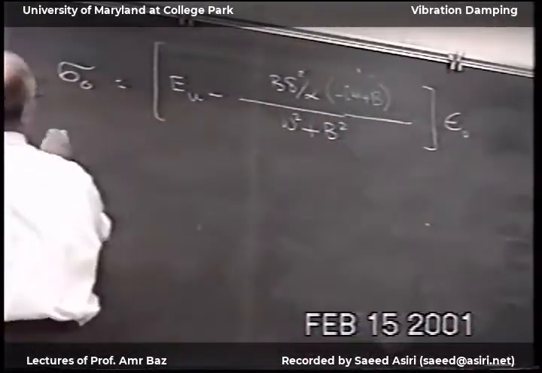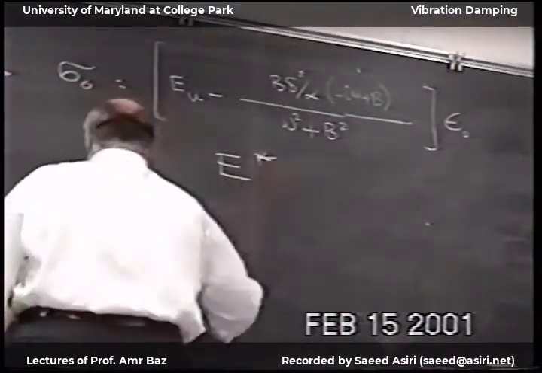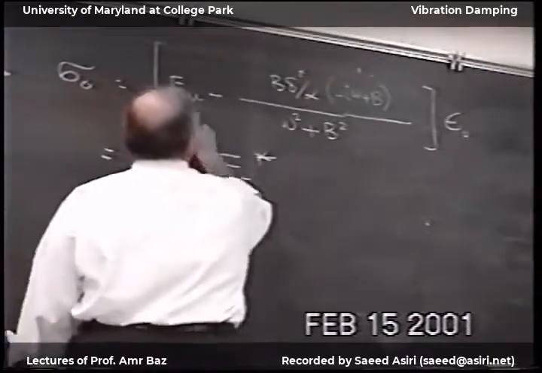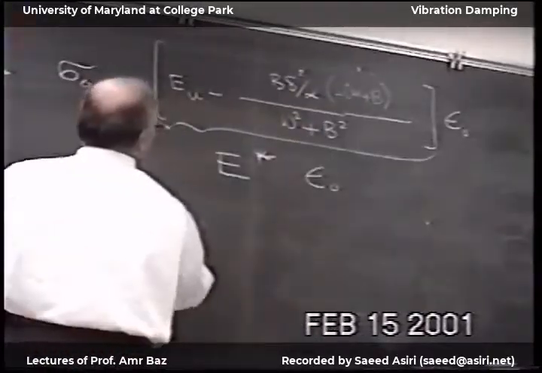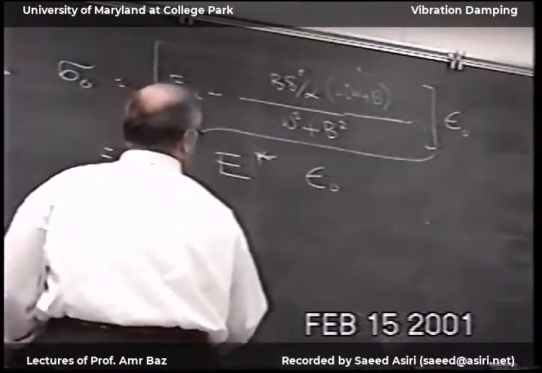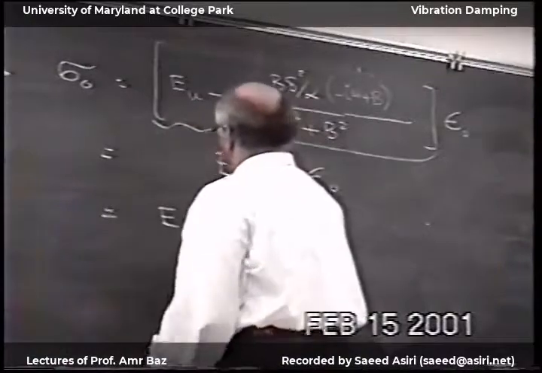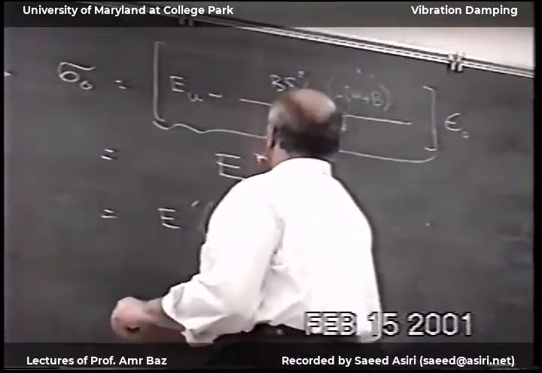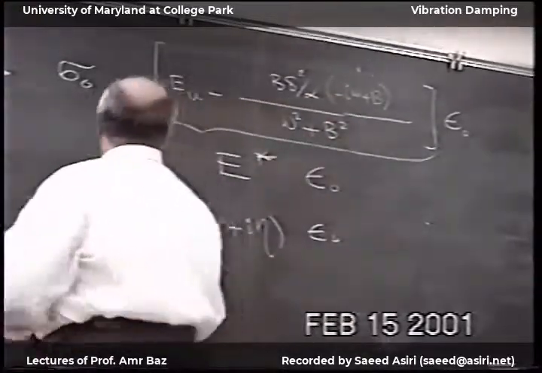Then this now will be our E asterisk times epsilon 0, and this is made of two components, E prime and E prime times eta.